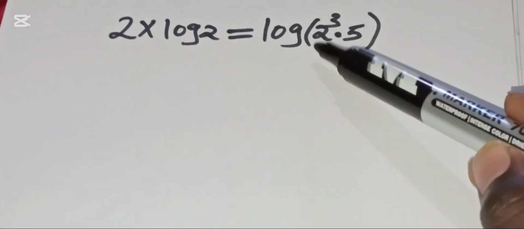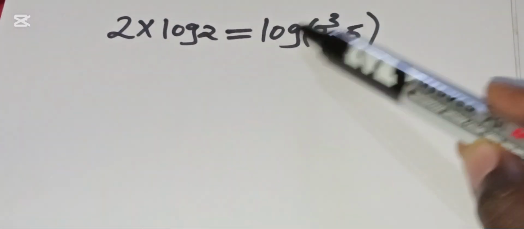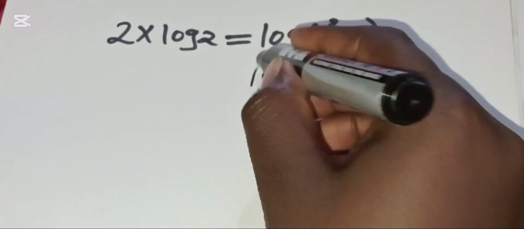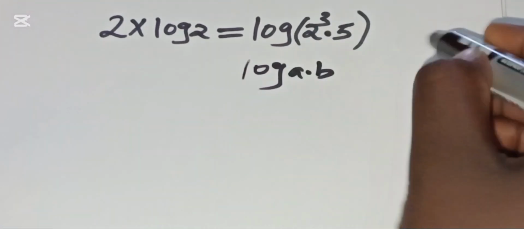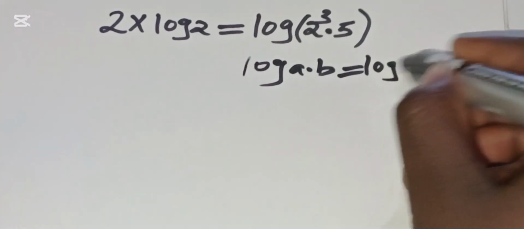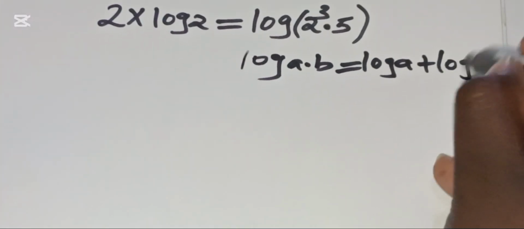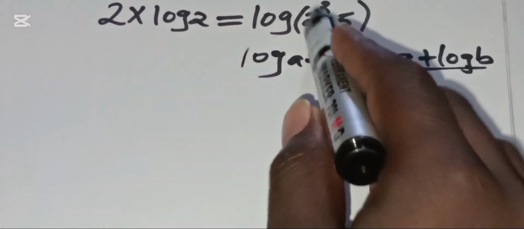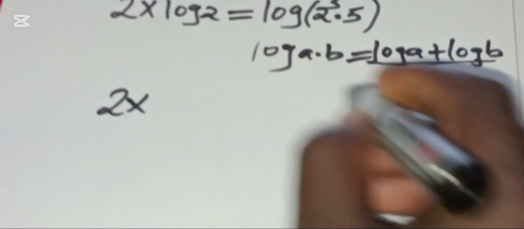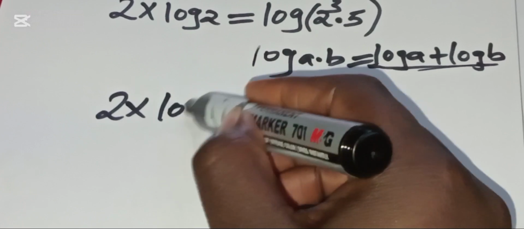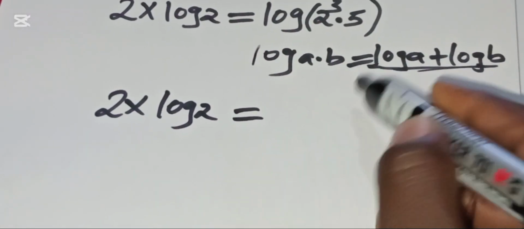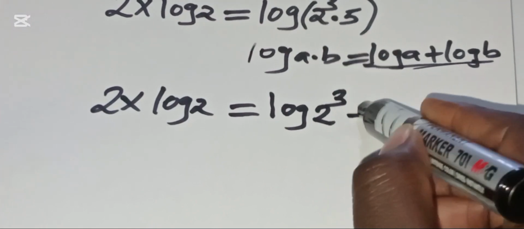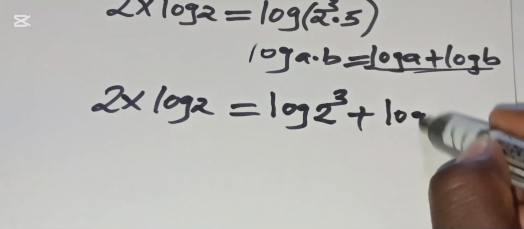Now as you can see from the right hand side, log 2 raised to power 3 multiplying by 5 is in the form of log a multiplied by b, which can be expressed as log a plus log b. So let's use this property so that we're going to have 2x log 2. This is equal to log 2 raised to power 3 plus log 5.